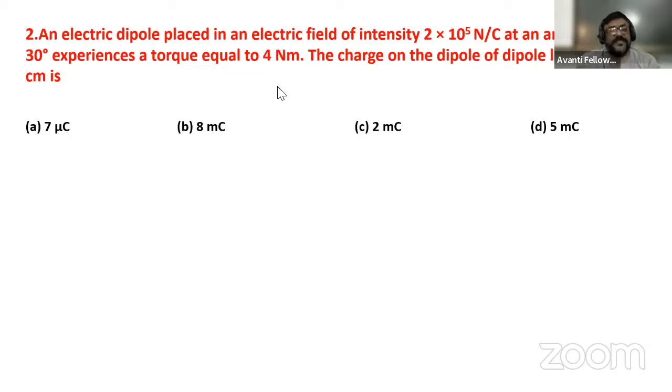An electric dipole is placed in a uniform electric field of 2 into 10 raised to 5 Newton per Coulomb at an angle of 30 degrees, and experiences a torque equal to 4 Newton meter. The charge on the dipole of length 2 centimeter is? So what are the things given here? The electric field E is given. I can't read it, just a minute.